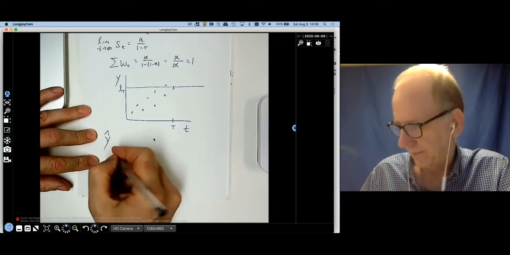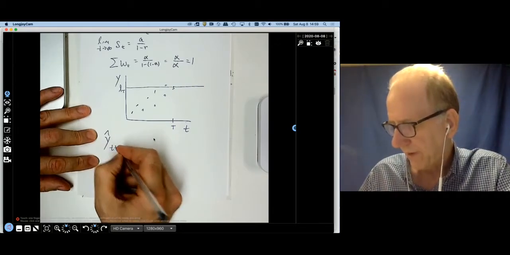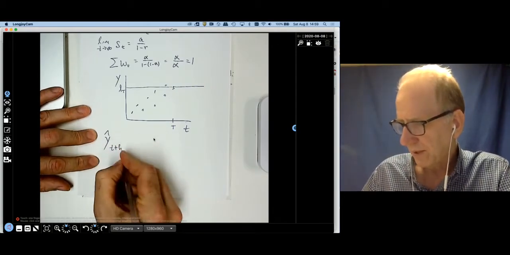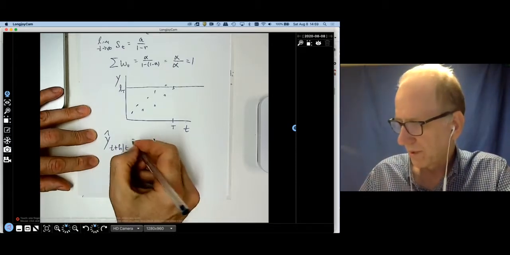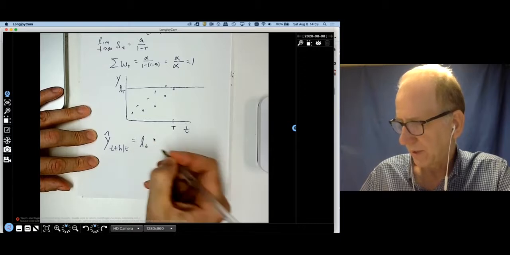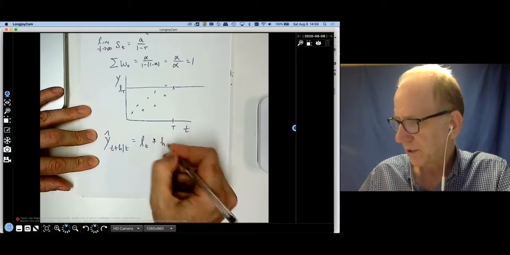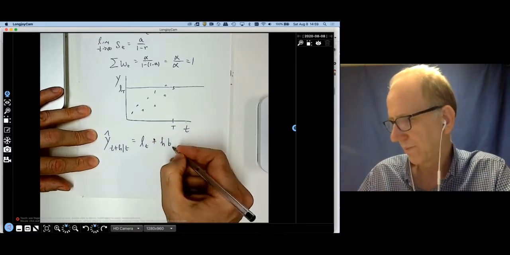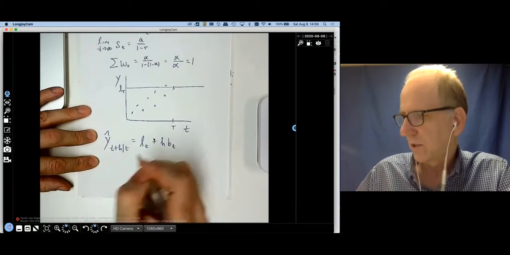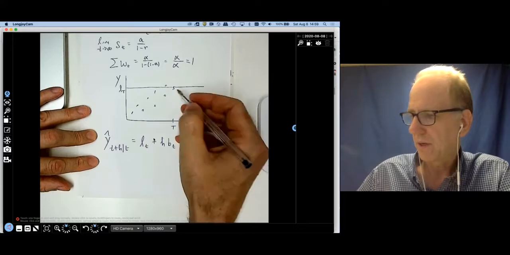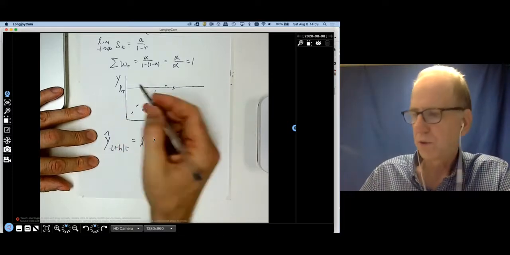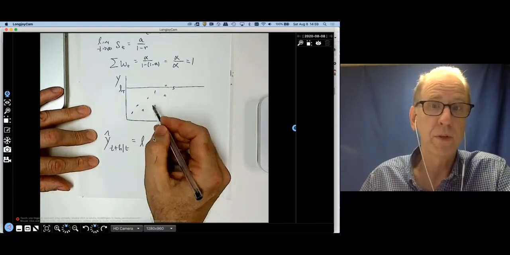Well, the idea with Holt's method is that if I want to go h periods out from some time period t, what I'm going to do is take the level at time t plus h times some slope estimate at time t. So I'm going to do the same thing that I did in estimating the level to estimate the slope of this function.